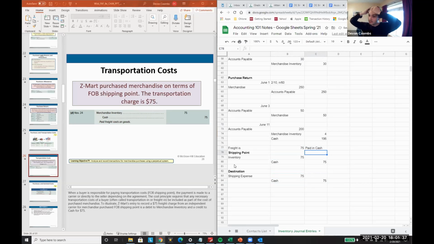How is this different? This affects our margins and our income. If I look at my company and I use shipping point, my cost of goods sold goes up, which will decrease my profit margin, because revenue minus cost of goods sold is our profit margin. Gross margin minus our expenses is our net income.